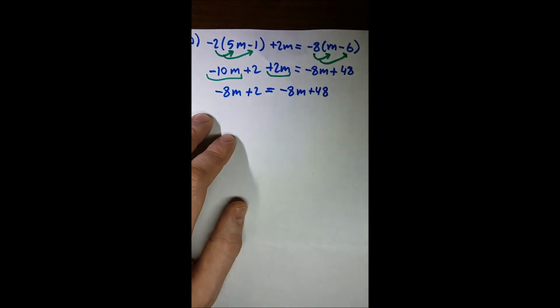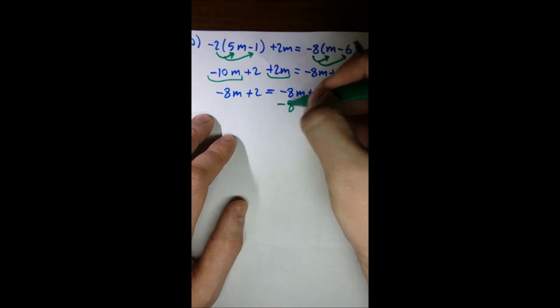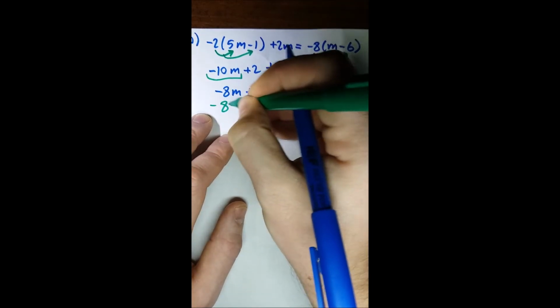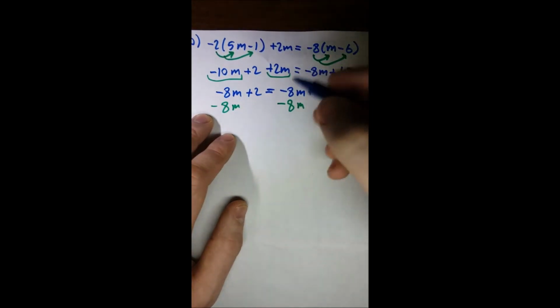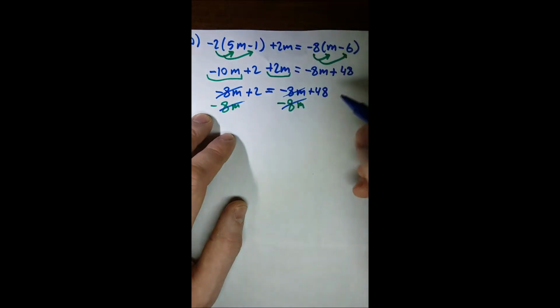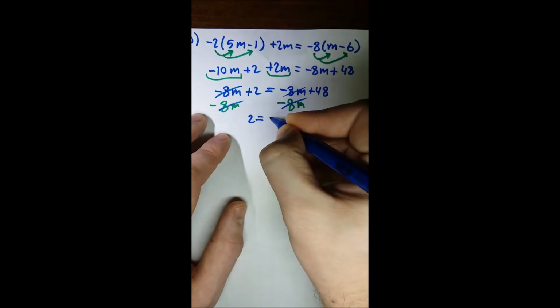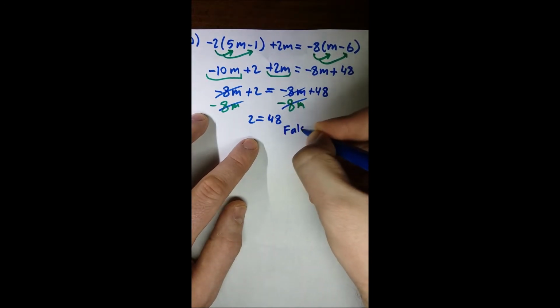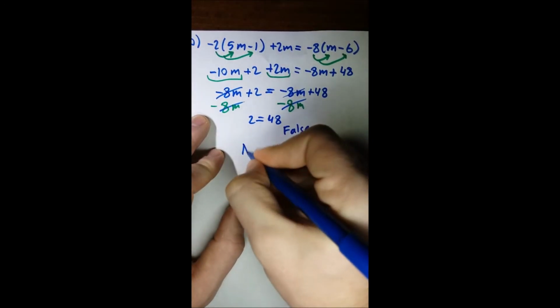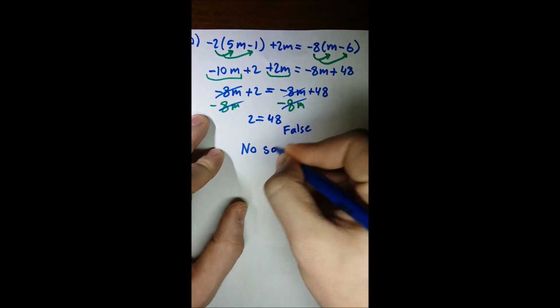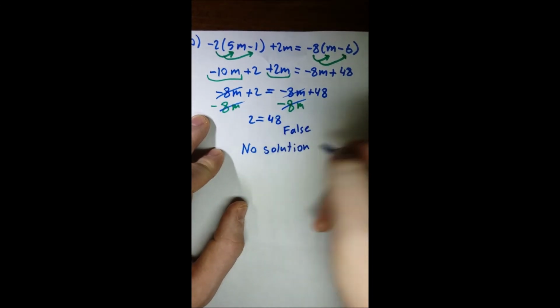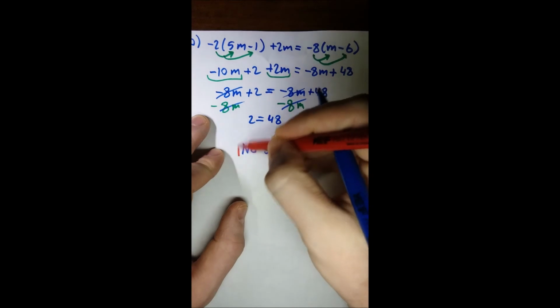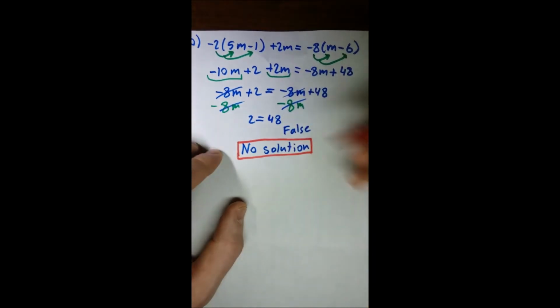And then subtracting 8m from both sides, because we want to move them to the left or right, we get this. 2 equals 48. Is it true? No, it's false. It makes no sense. So the answer is no solution.